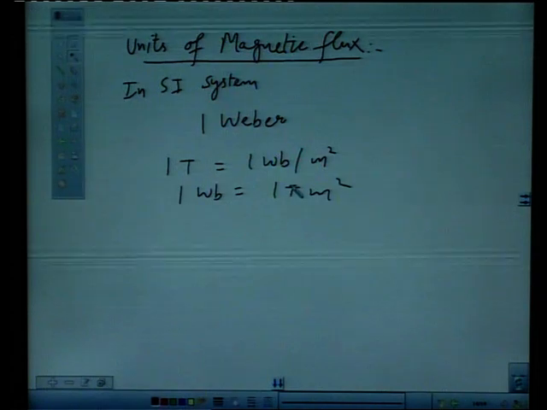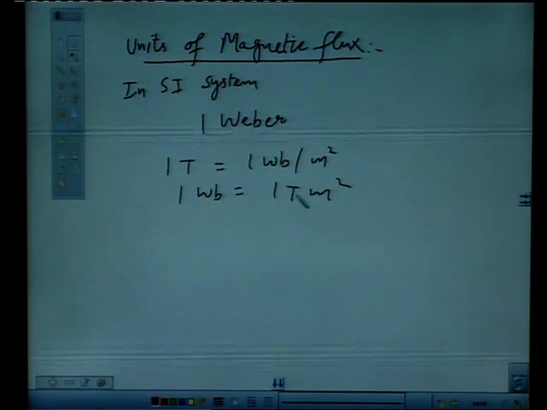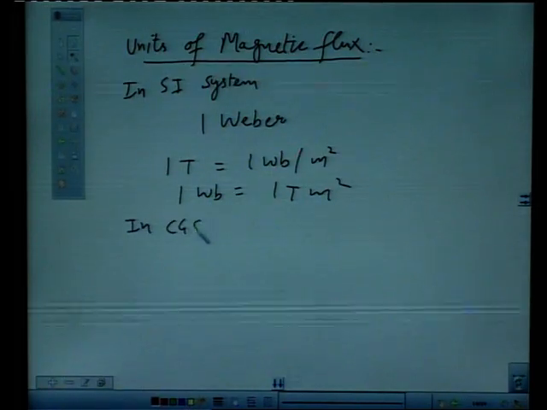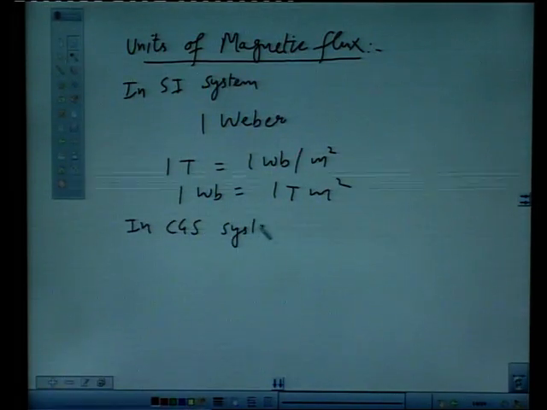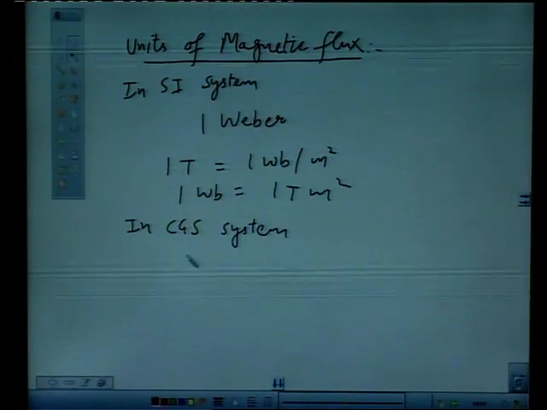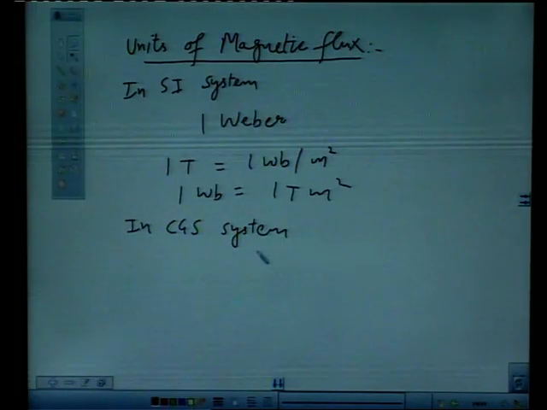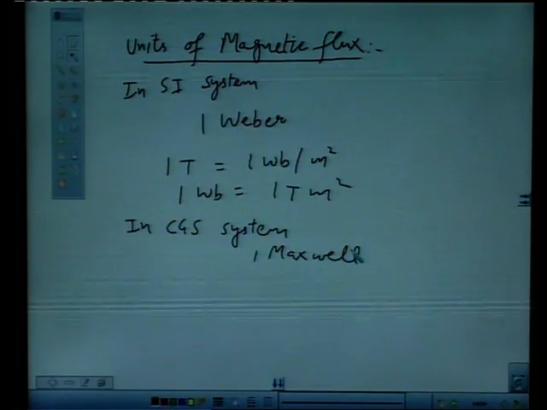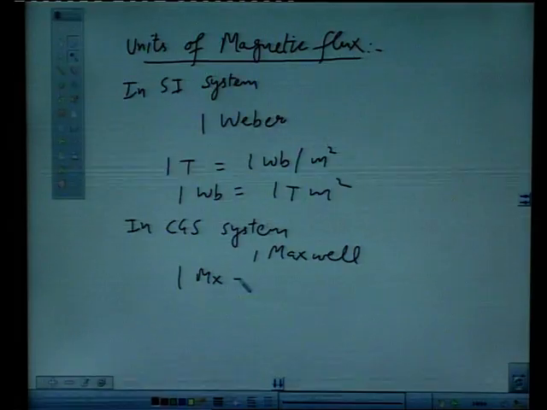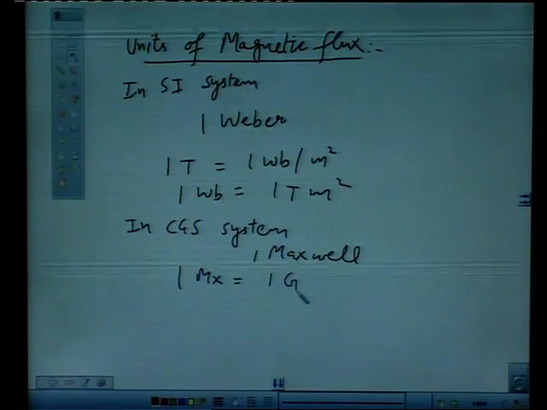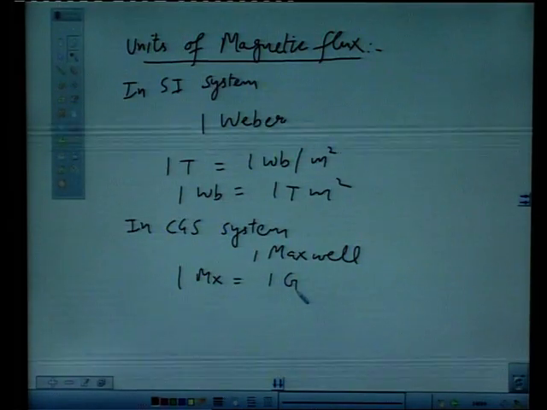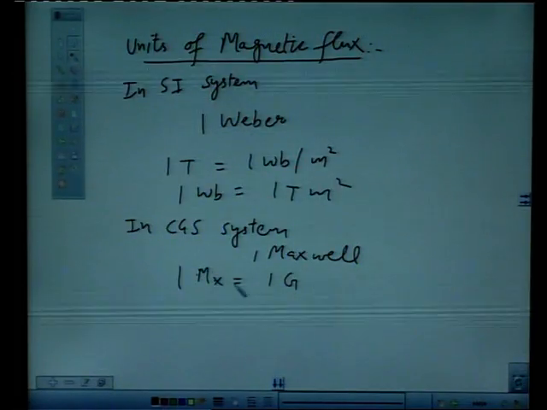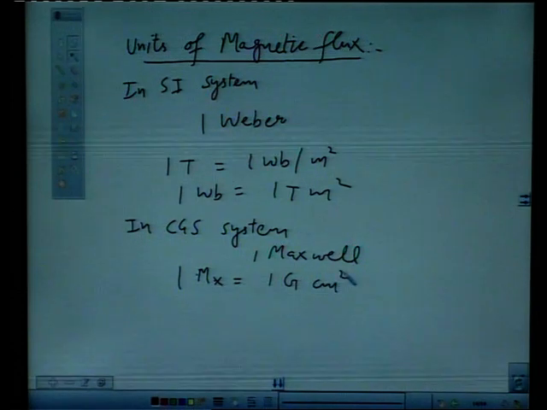Tesla is the SI unit of magnetic field, and in the CGS system we have the unit of 1 Maxwell. 1 Maxwell is equal to 1 Gauss into centimeter square.